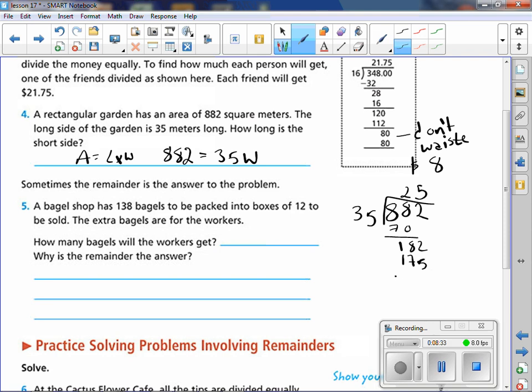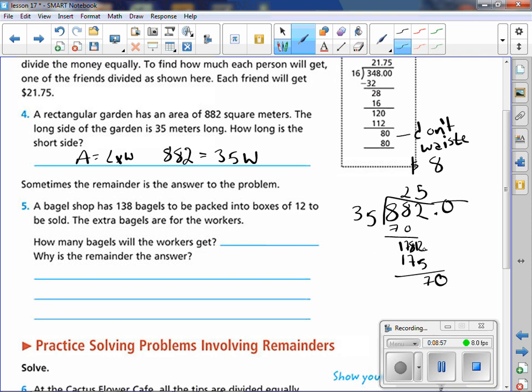Well, I can't just toss the rest of this away, right? Because that remainder is important. So I need to take it into account as well. So what I'm going to find is that there's this remainder of 7 here, right? So I'm going to add a decimal, put a 0, and bring my 0 down.